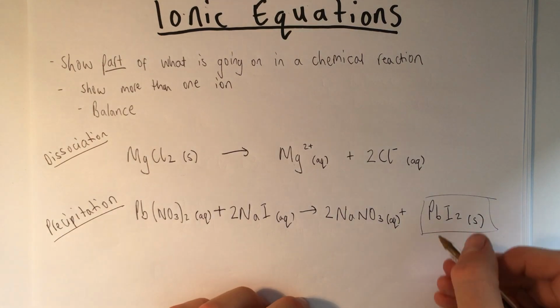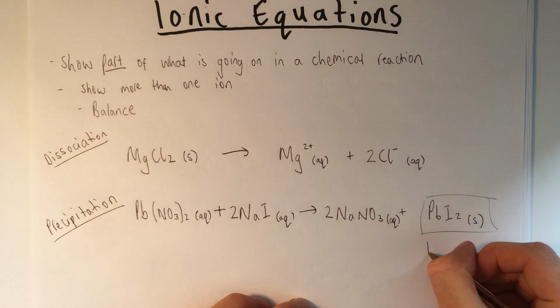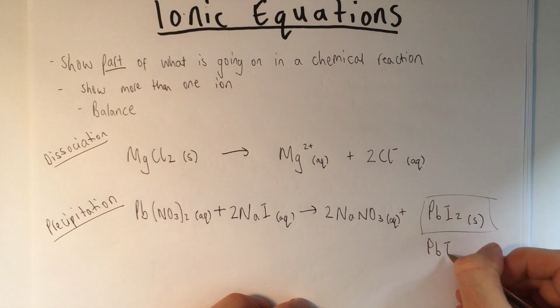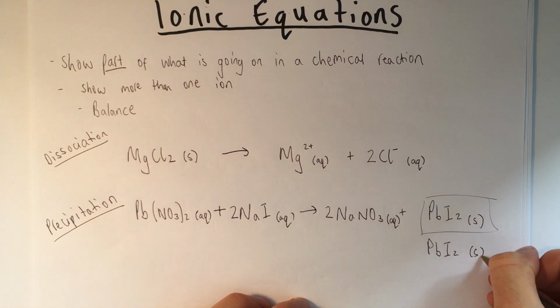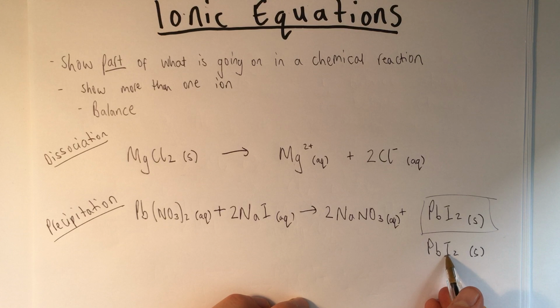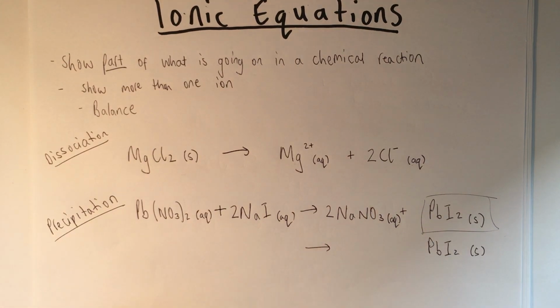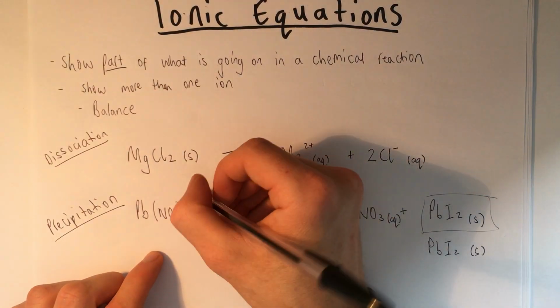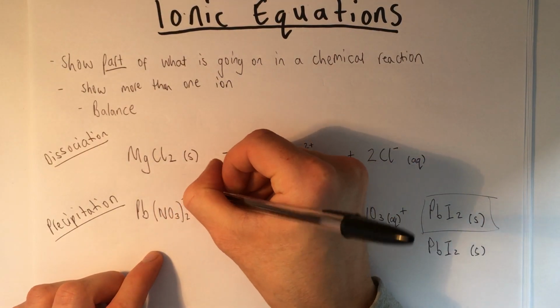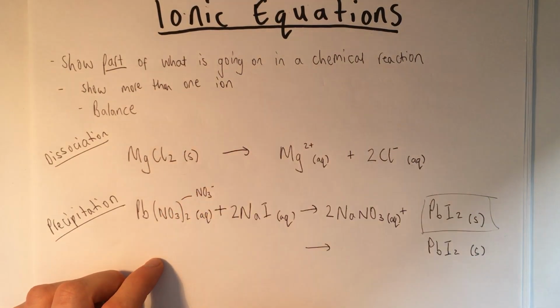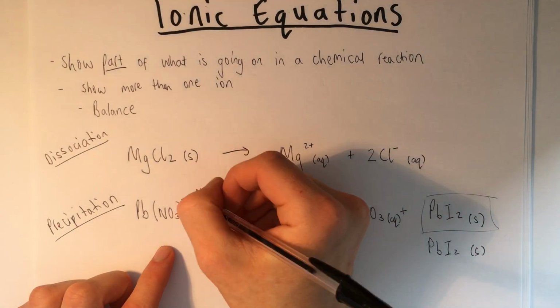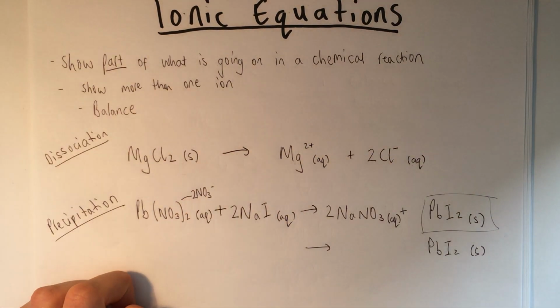Okay, so that means we're just going to finish it with the lead iodide. And this is what we're showing being made. And we just need to show the ions that make that. Okay, before we do that, let's just look at what ions we've actually got in here. So nitrate, we know, is NO3 minus. And because there's two of these, let's just show that there's two of them.